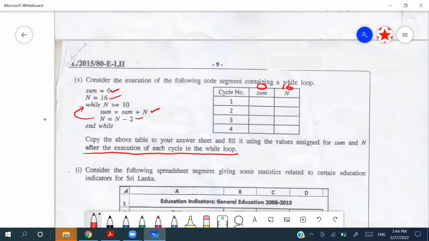Then while n larger than or equal to 10, the condition is true. Sum equals sum plus n, so sum is 0, 0 plus 16 is going to give you 16 over here. So these are the values that are going to be filled inside your table. So it is 16, and while n larger than or equal to 10, sum is added with n, so it becomes 16, and n is reduced by 2.